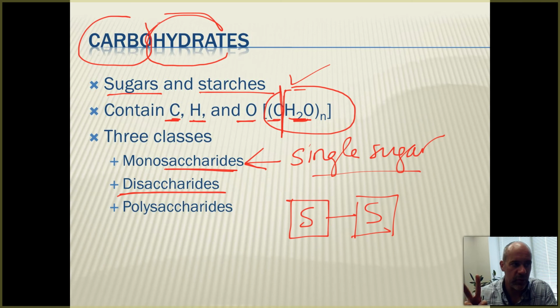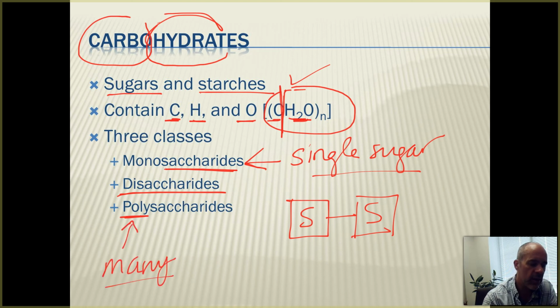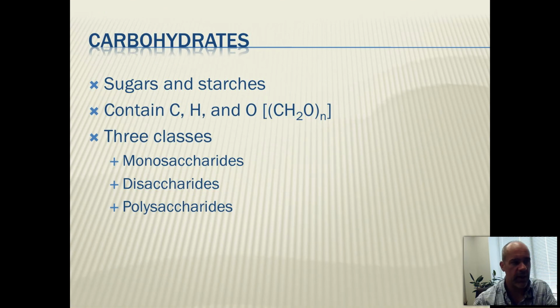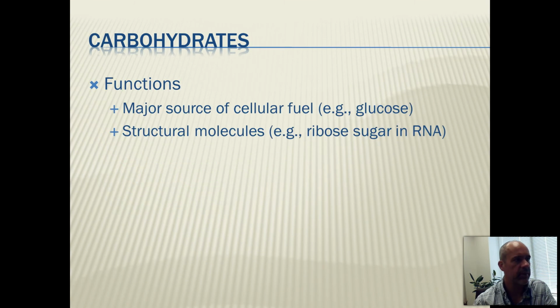So if you got 2 saccharides, 2 sugars linked together, that's going to be a disaccharide. That's pretty easy. Poly means many. That prefix means many. So if you have a starch where you might have thousands of sugars bonded together, that's going to be a type of polysaccharide. All right, so you do want to learn that terminology because those types of things come up pretty frequently.